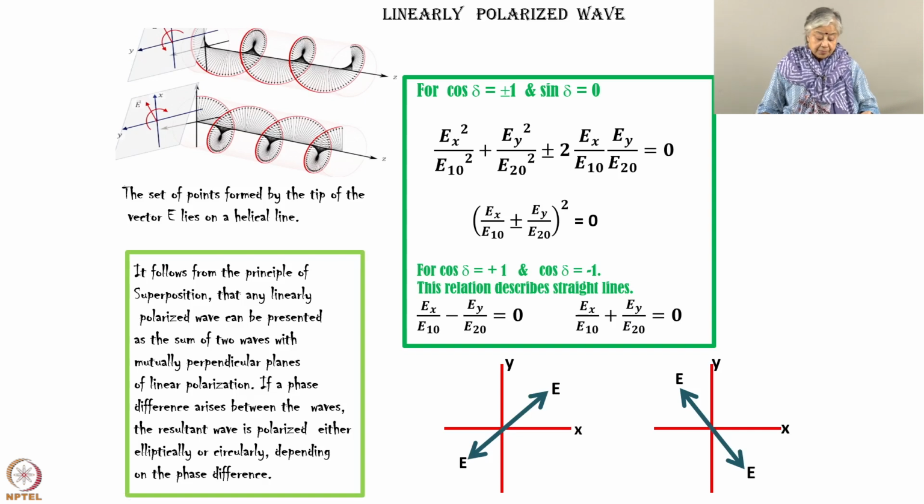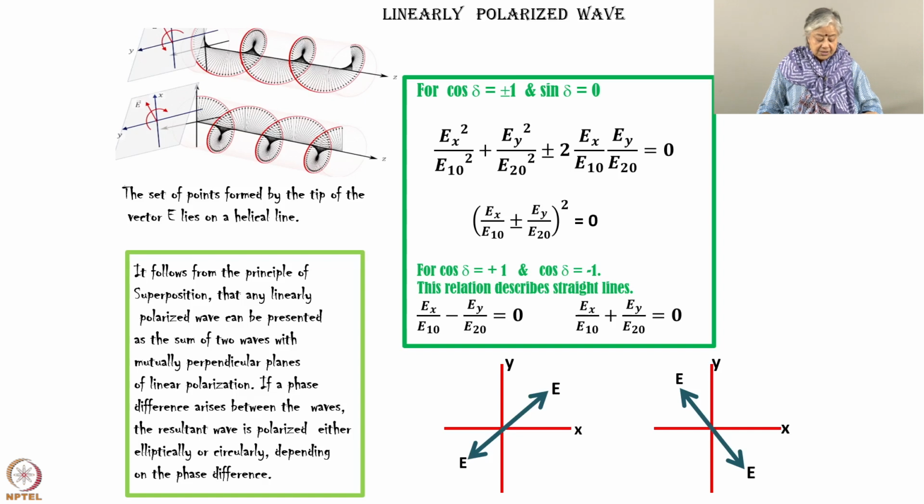So, it follows from the principle of superposition. That is what we have been doing till now. We are following the principle of superposition, that any linearly polarized wave can be presented as a sum of two waves with mutually perpendicular planes of linear polarization.